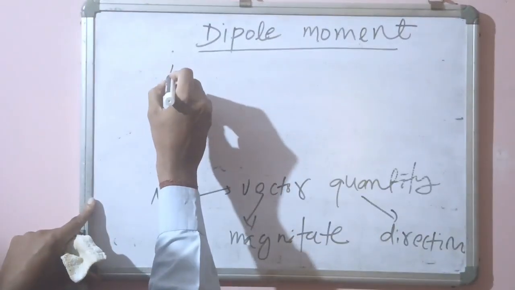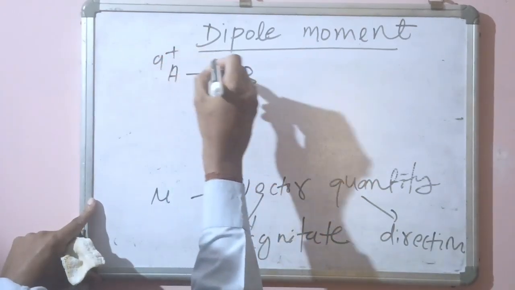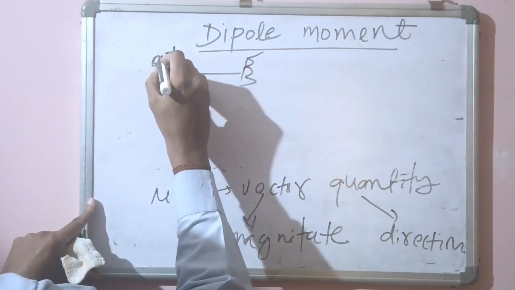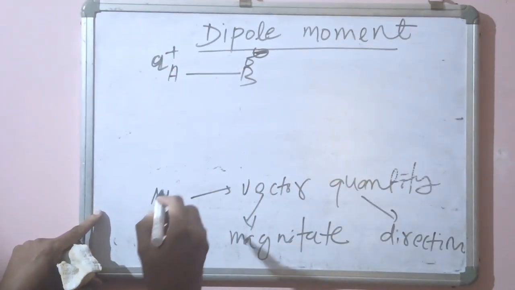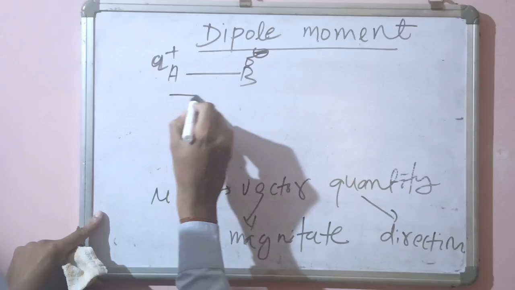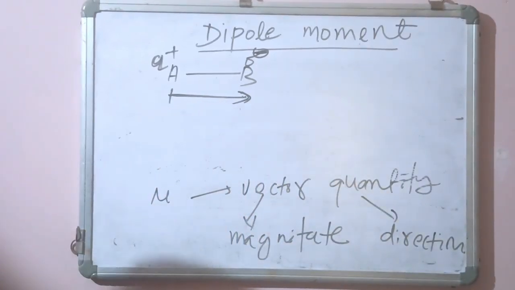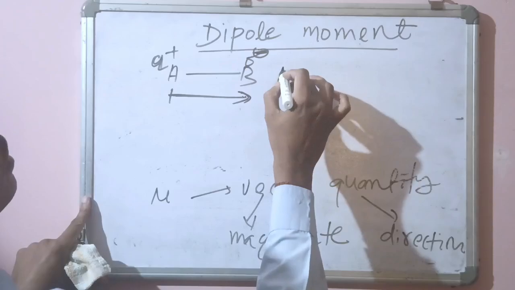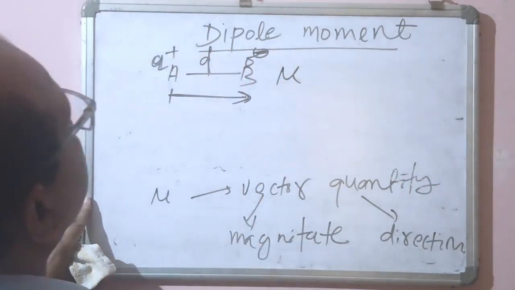So let this be a polar bond, this is delta plus, and this is delta minus. So this direction is from plus towards minus. This is the arrowhead from plus towards minus, that is the direction, and let the distance between A and B be d.